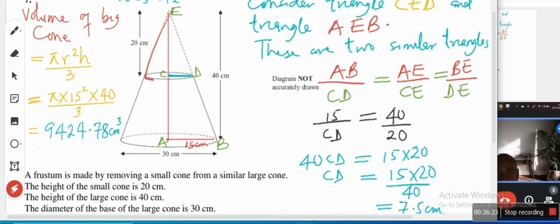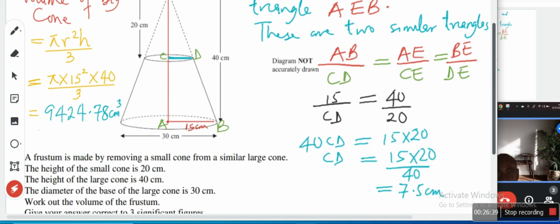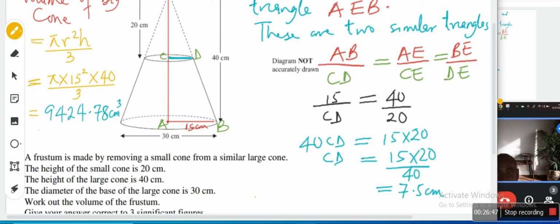CD is the radius of this small cone, the whole small cone here. So can we now find the volume of the small cone? Are you ready? Yeah. Volume of small cone.